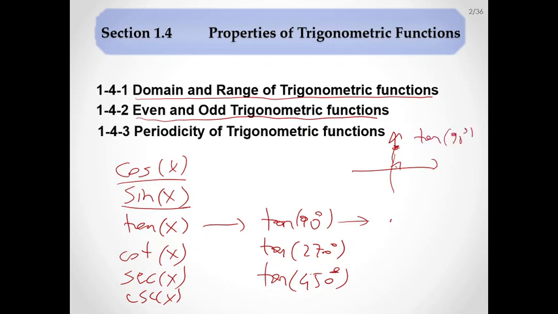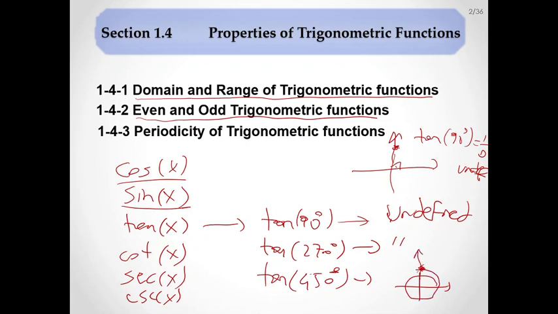Tangent 90 turns out to be 1 over 0, so it's undefined. For 450, you go here, it makes a full turn after 360 and comes to the same place, and we calculate this. Again, we will get 1 over 0, which is undefined.